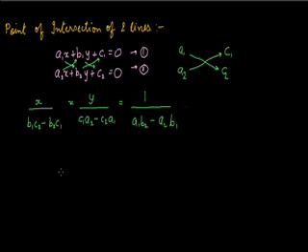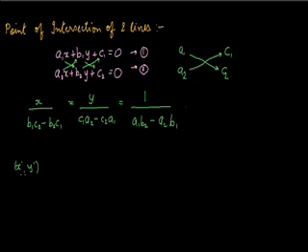So by cross multiplication method, for the given two equations of the line a1x plus b1y plus c1 equal to 0 and a2x plus b2y plus c2 equal to 0, I can write x upon b1 c2 minus b2 c1 equal to y upon c1 a2 minus c2 a1 is equal to 1 upon a1 b2 minus a2 b1. Now let's say x dash and y dash are the coordinates of the point of intersection of these two lines.